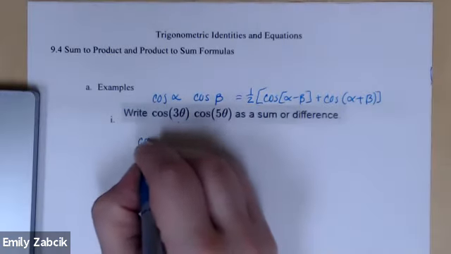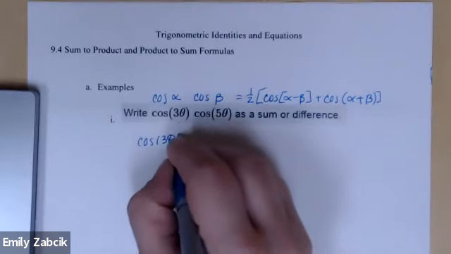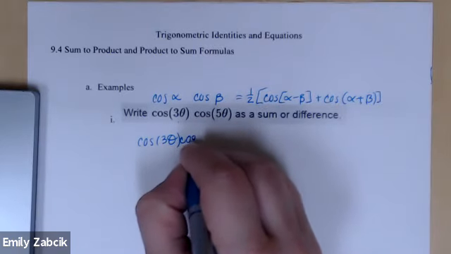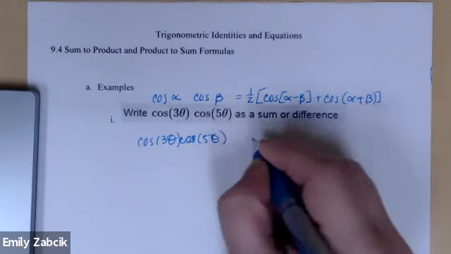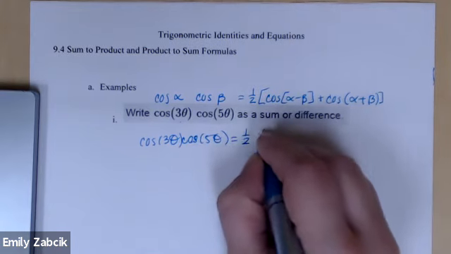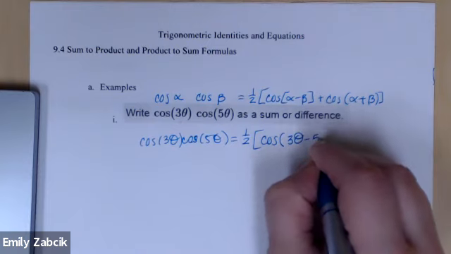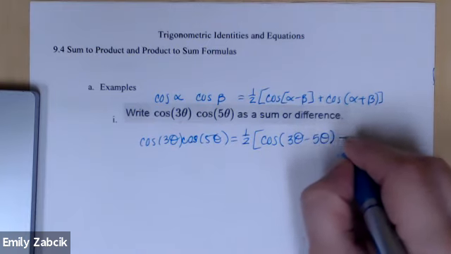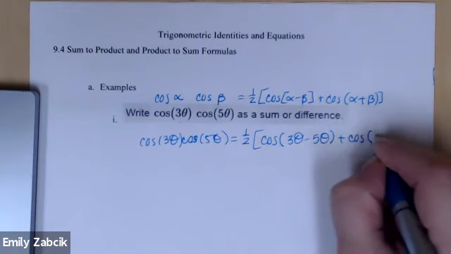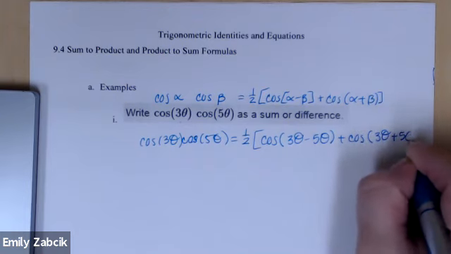So if I'm looking at cosine 3 theta, cosine 5 theta, that's going to be equivalent to 1/2 cosine of 3 alpha minus 5 alpha plus cosine of 3 alpha plus 5 alpha.